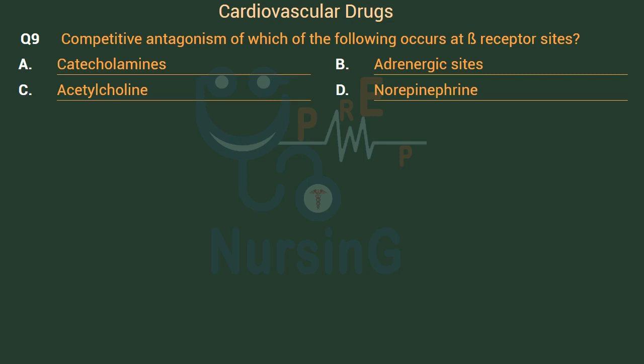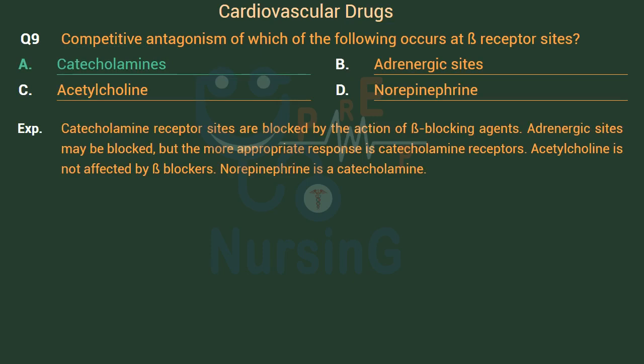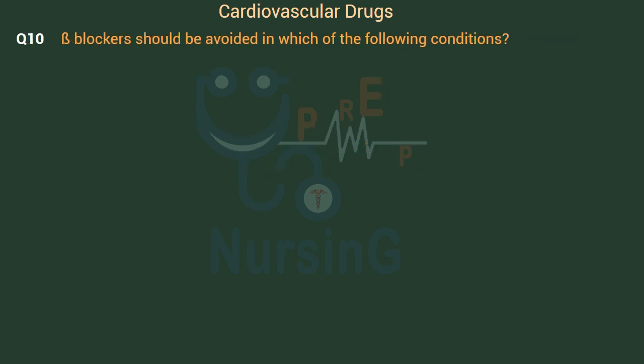Right answer is Option A. Catecholamine receptor sites are blocked by the action of beta blocking agents. Adrenergic sites may be blocked, but the more appropriate response is catecholamine receptors. Acetylcholine is not affected by beta blockers. Norepinephrine is a catecholamine.